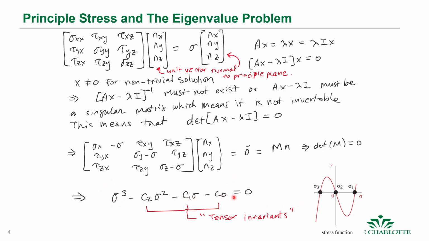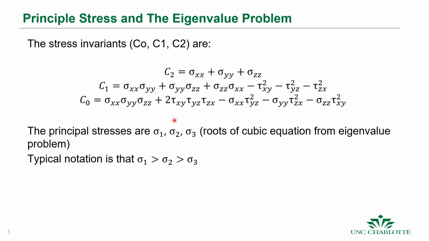This is actually a stress function that will map out our principal stresses. It's a cubic function that'll map out our principal stresses. These tensor invariant coefficients can be found just from the state of stress. And then for the principal stresses we can solve for the roots of that cubic equation. There is an analytical solution for that, and we can find sigma 1, sigma 2, and sigma 3.